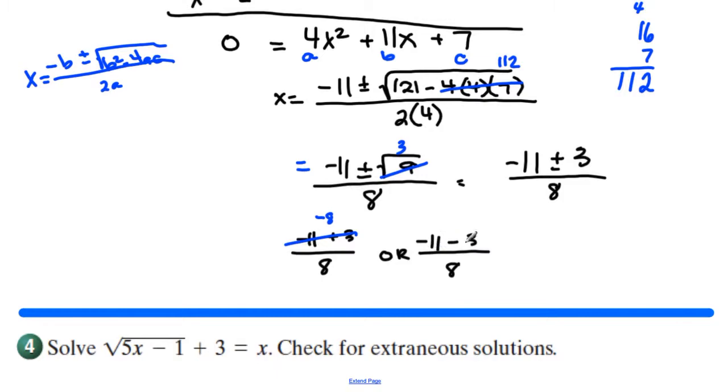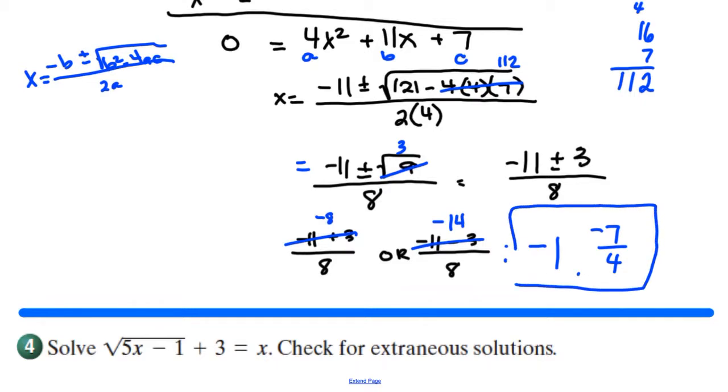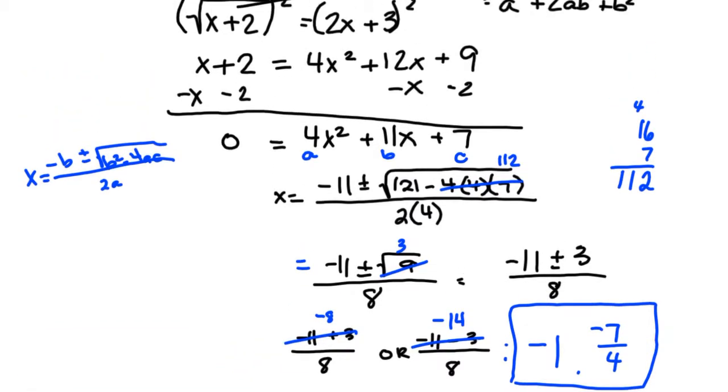Negative 11 minus 3 is negative 14. Negative 8 over 8 is the same as negative 1. Negative 14 over 8 is the same as negative 7 fourths. Okay, so now we have found both answers, but are these viable solutions to this equation?